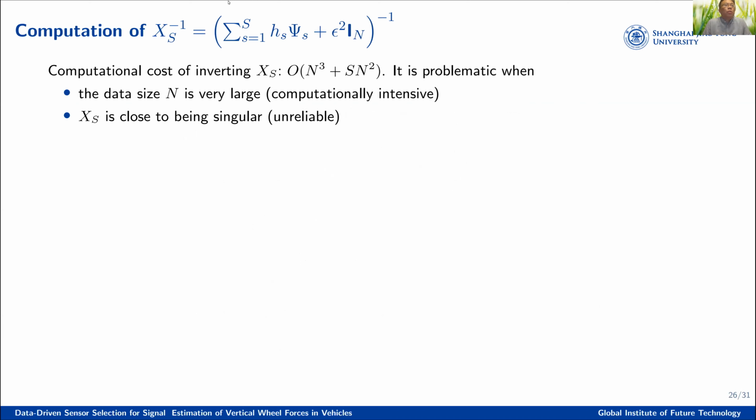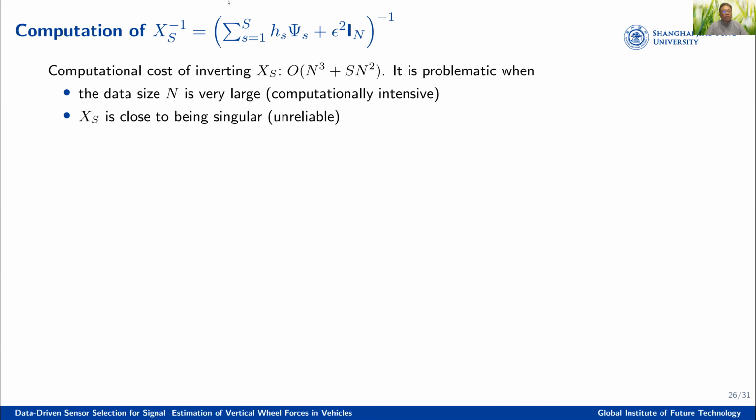So we also try to analyze the computational cost of this problem, and unfortunately, inverting XS is problematic because the data size n could be really, really large, because the data we are looking at is the trial test data on the vehicle.